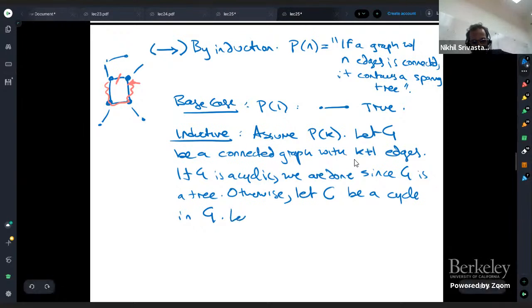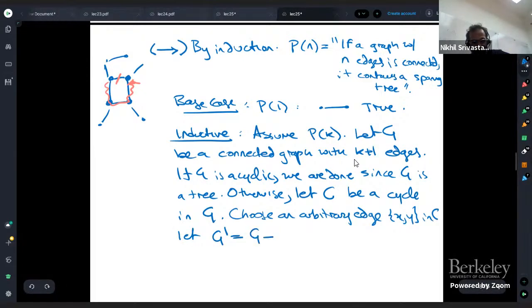So let's choose an arbitrary edge xy in the cycle and let G prime be G minus this edge xy. I guess this should be made clear that this means I'm deleting the edge, not the two vertices.